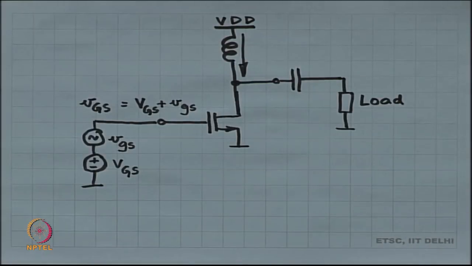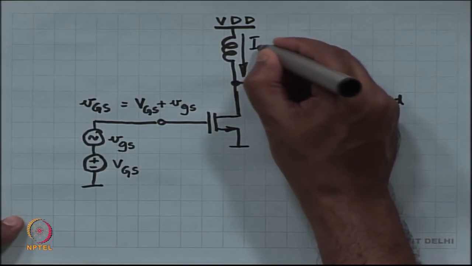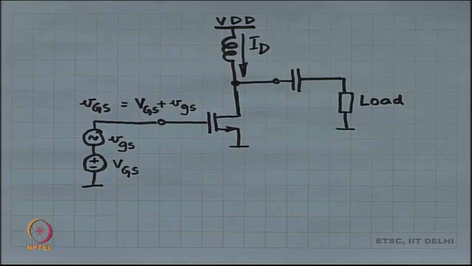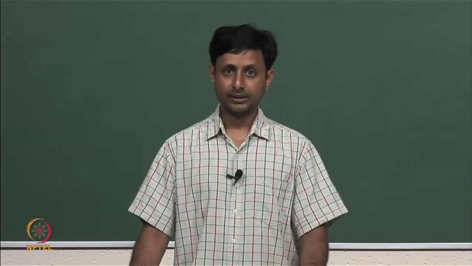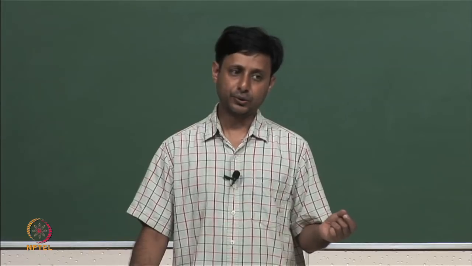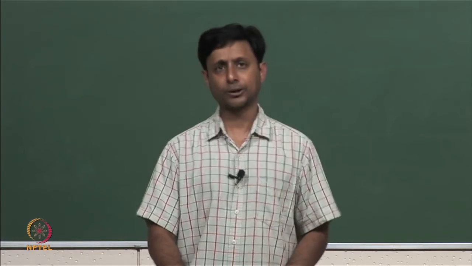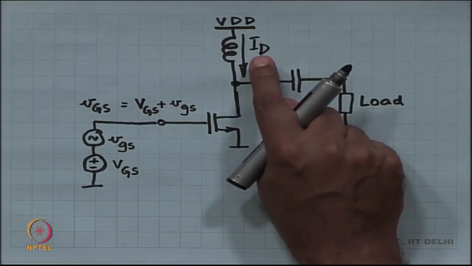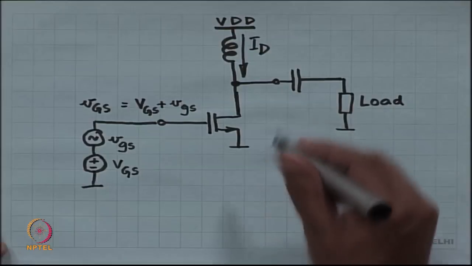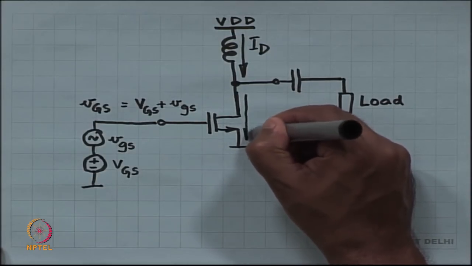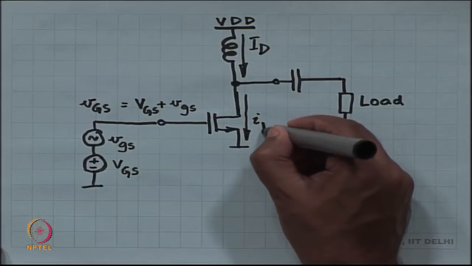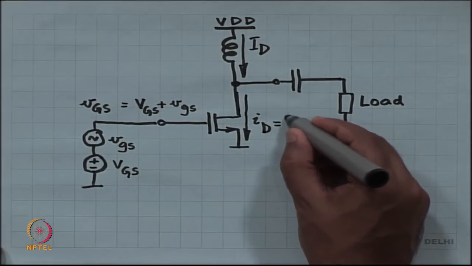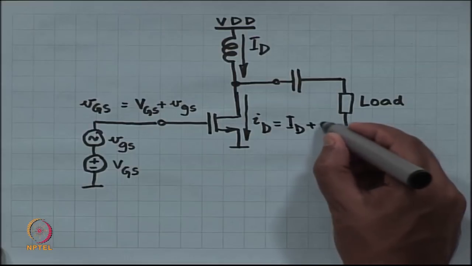So, for this DC operating point, suppose I get a certain current capital I subscript capital D, and remember the inductor is a short circuit for DC, but an open circuit for AC, which means that the incremental current cannot come through the inductor. Okay. As far as the incremental current is concerned, it is an open circuit. The current through the MOSFET is small i subscript capital D, which is equal to capital ID plus small id.